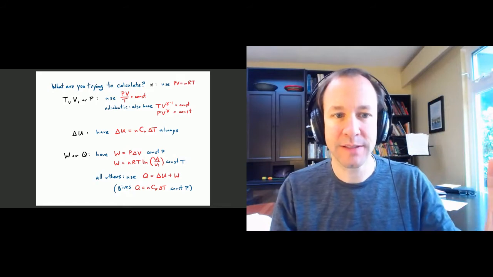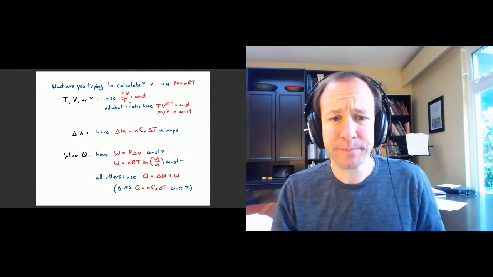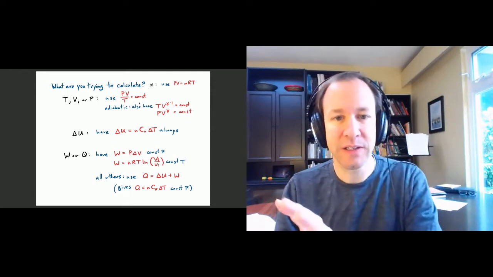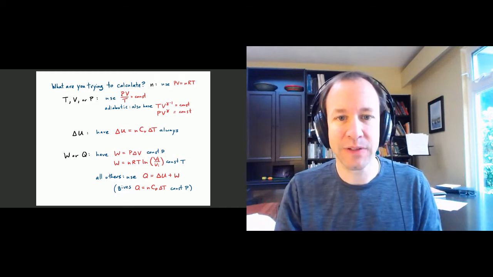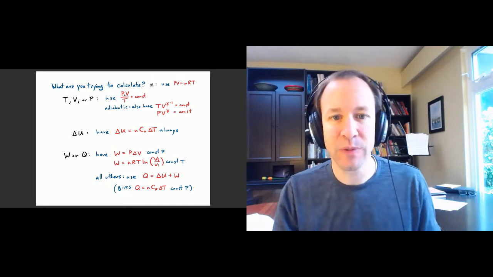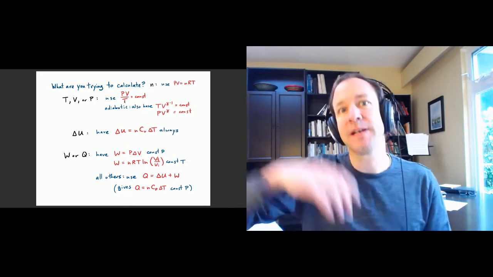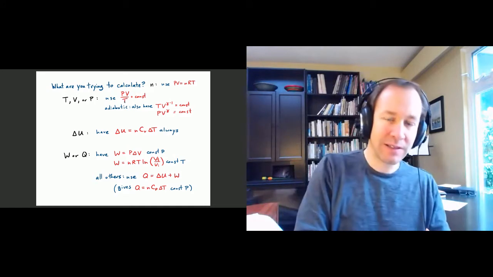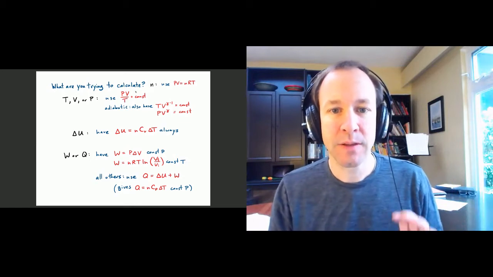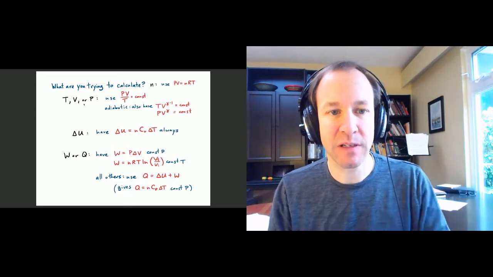For the constant temperature, volume, or pressure processes, PV over T equals constant is very useful because then one of these variables is also constant. And so, for example, at constant volume, we conclude that pressure over temperature is constant. And so if there's a doubling of pressure, then you can deduce there's a doubling of temperature. Okay. So that's going to be your basic strategy for calculating temperatures, volumes, and pressures.